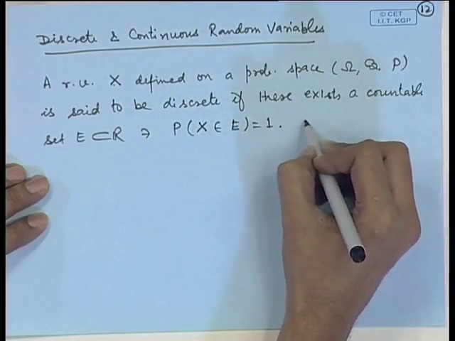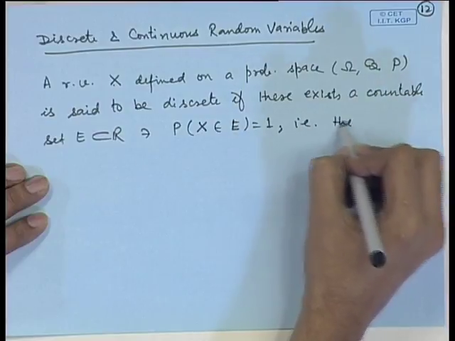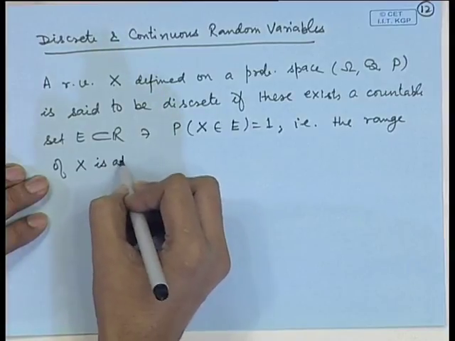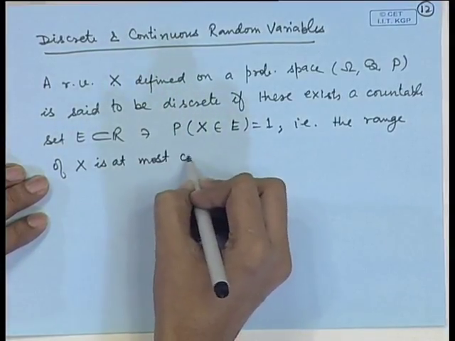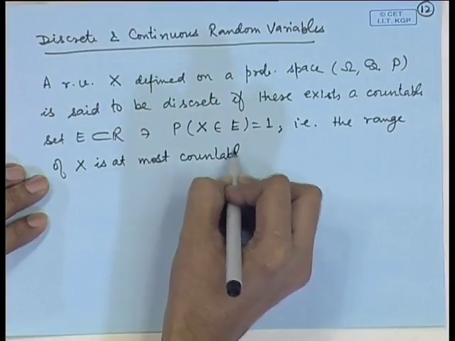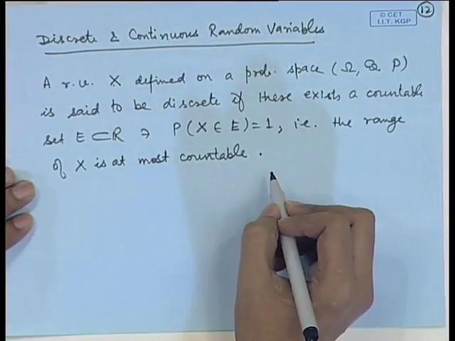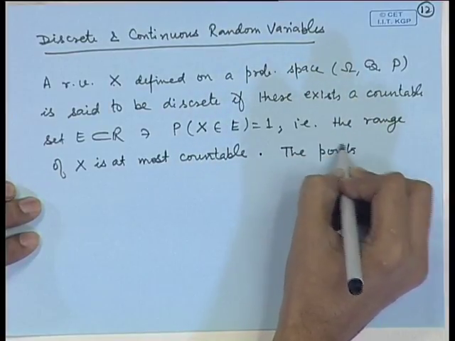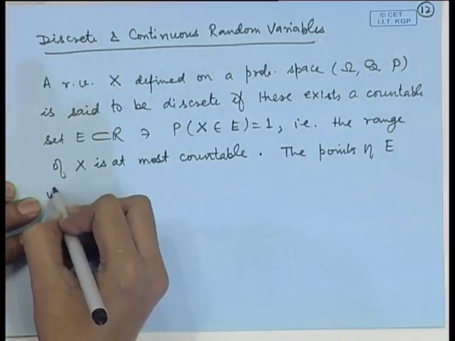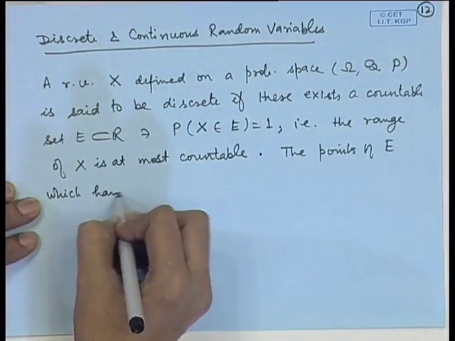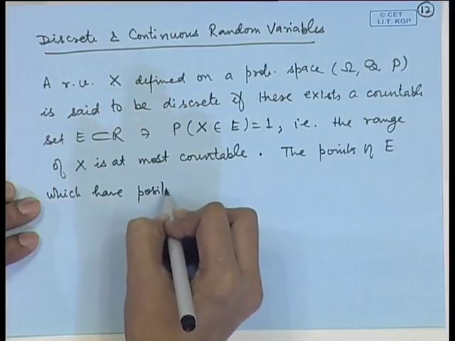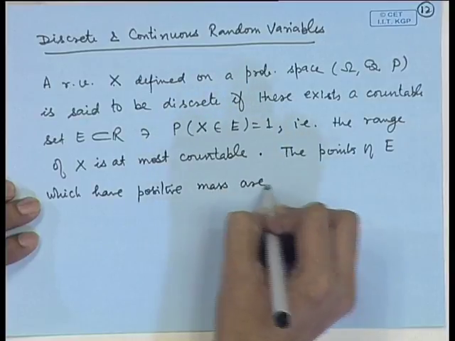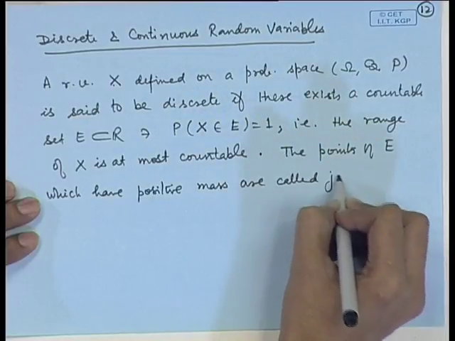That is, the range of x is at most countable. The points of E which have positive mass are called jump points.